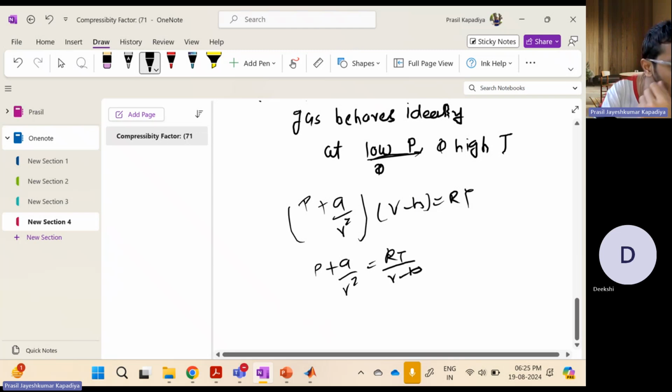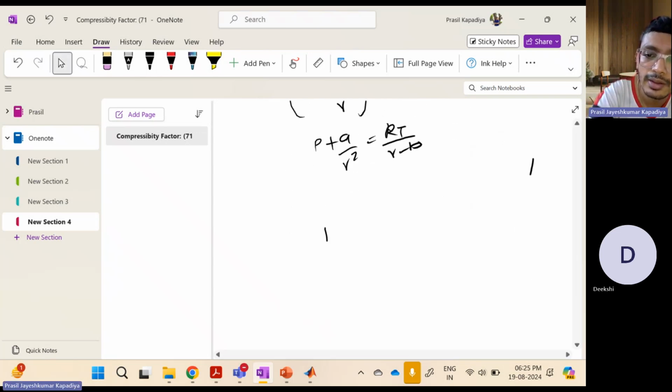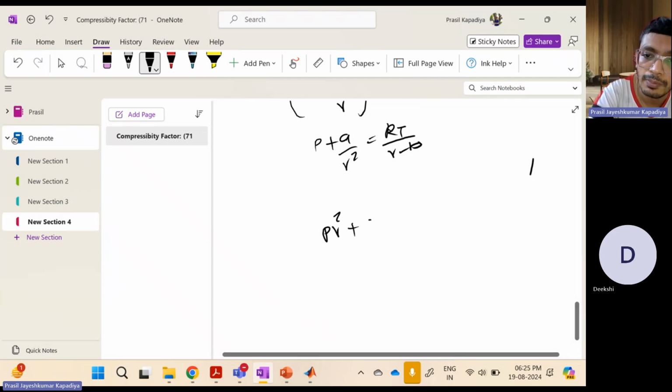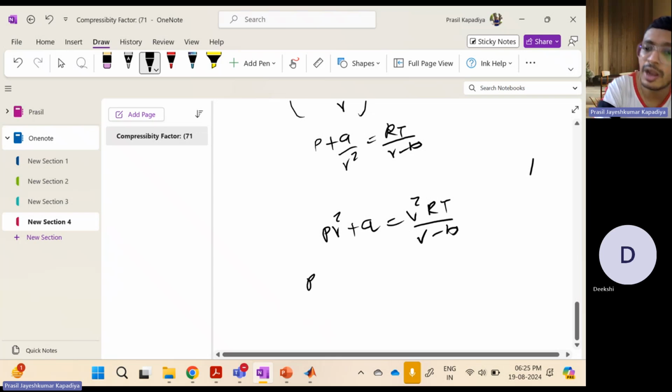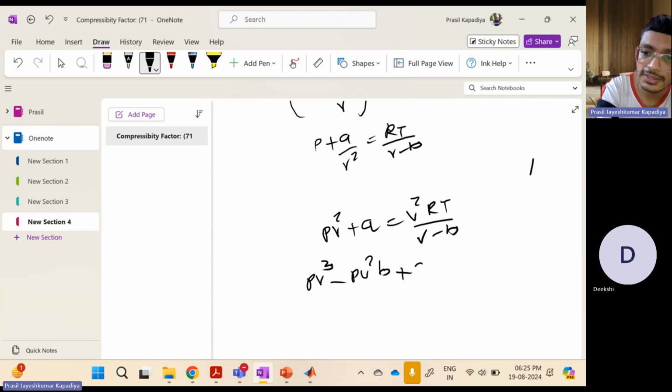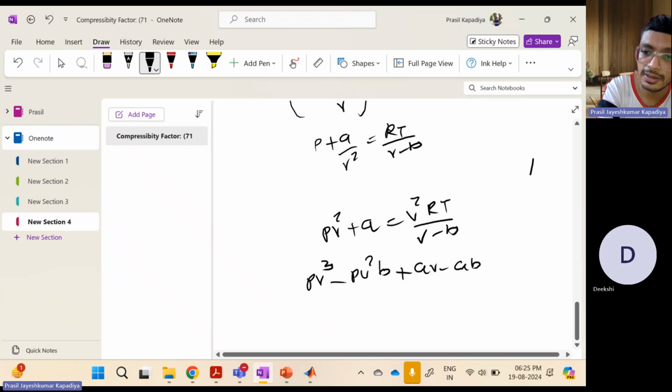My equation will be PV square plus A is equal to V square RT divided by V minus B. So V minus B will be multiplied here. So PV cube minus PV square into B plus AV minus AB is equal to RT into V square.